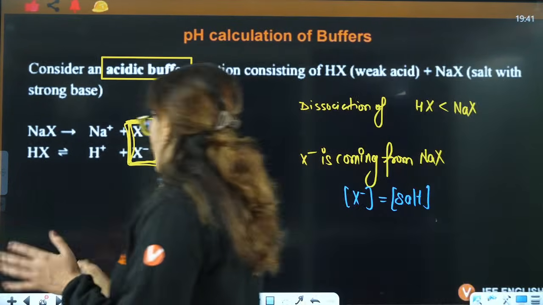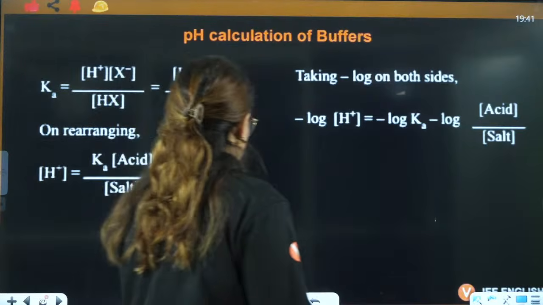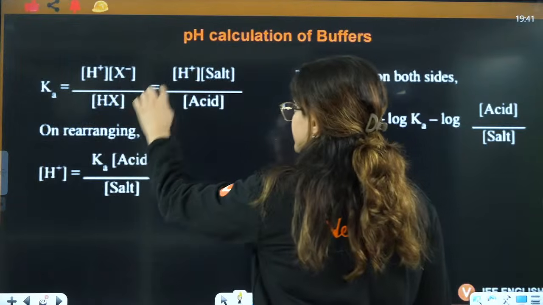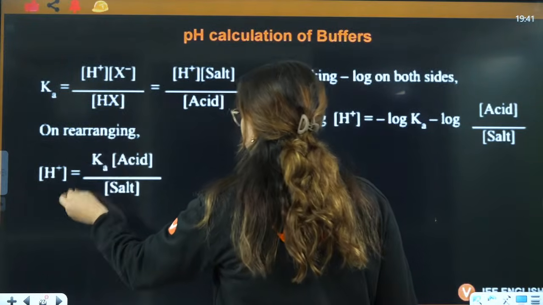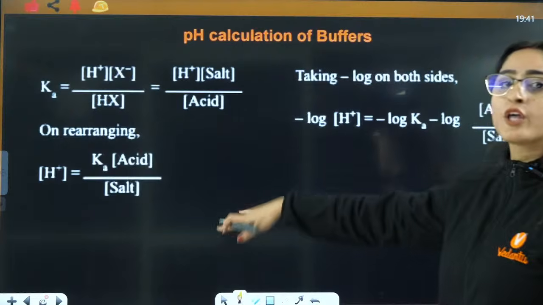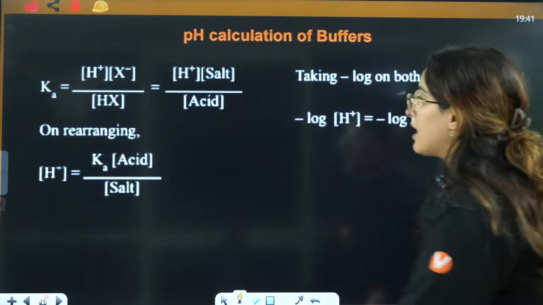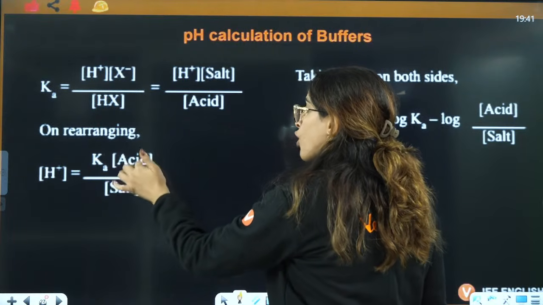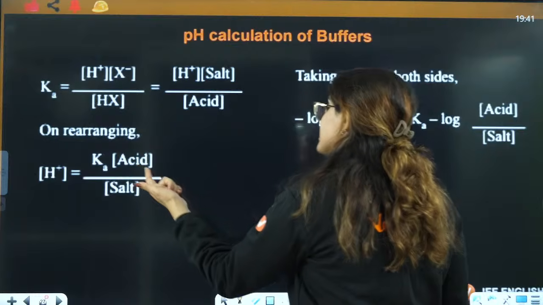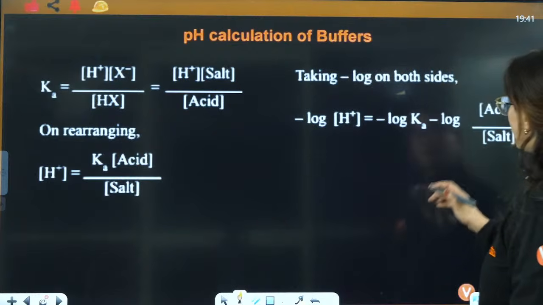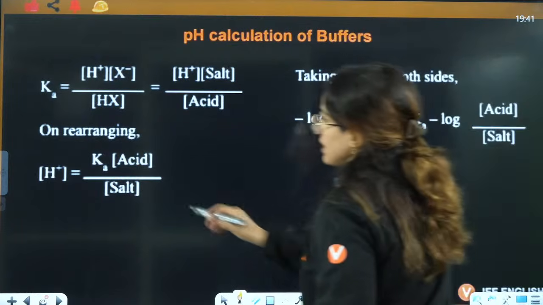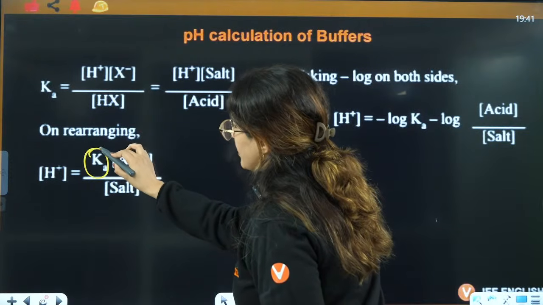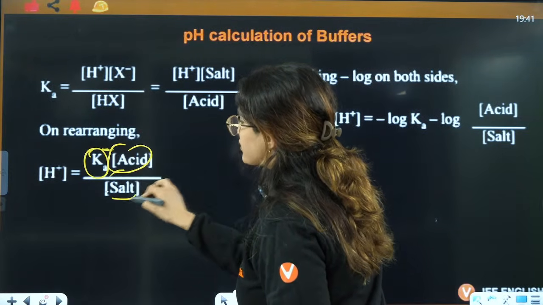Now, what we were doing previously, we'll do the same thing here. You rearrange this: H positive concentration is this, then you take the log and put a negative, same thing. Minus log of H positive equals minus log of Ka minus log of acid by salt.